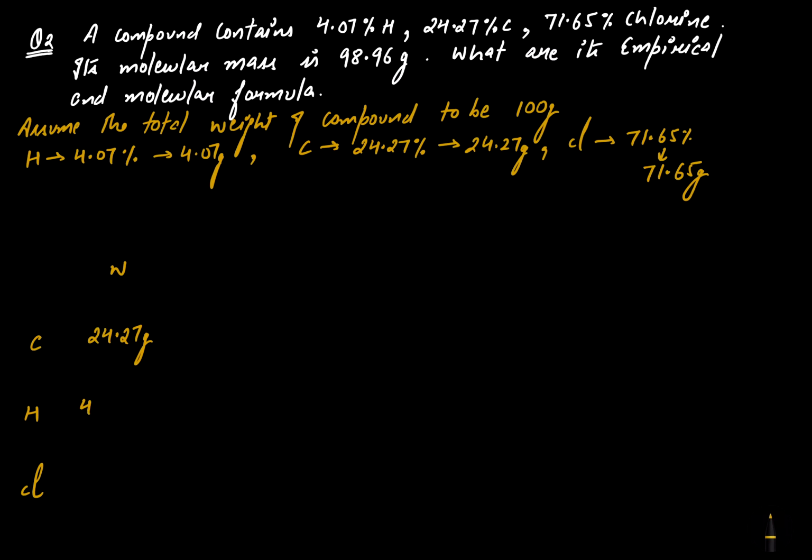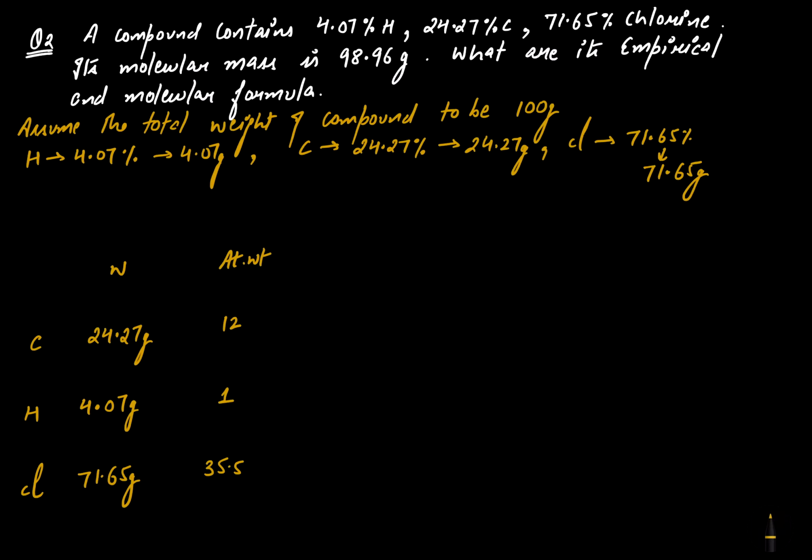It's 4.07 grams, and chlorine comes out to be 71.65 grams. Now what are their atomic weights? The carbon is 12, the hydrogen is 1, and chlorine is 35.5.